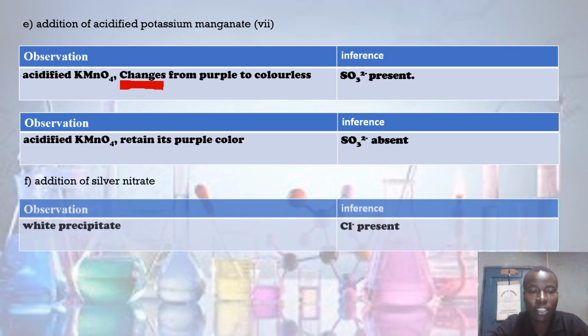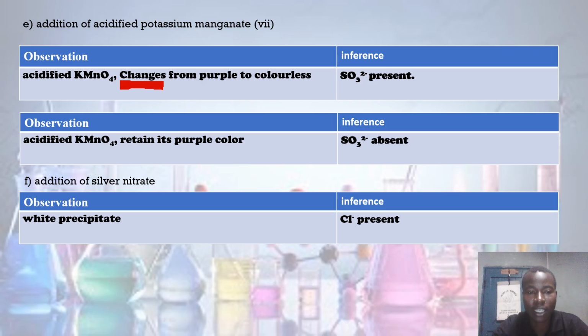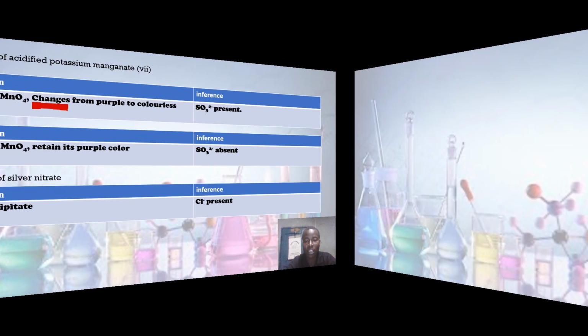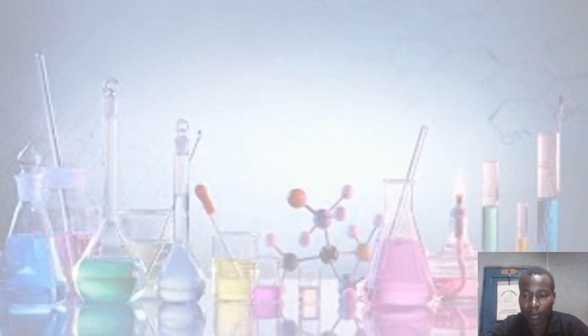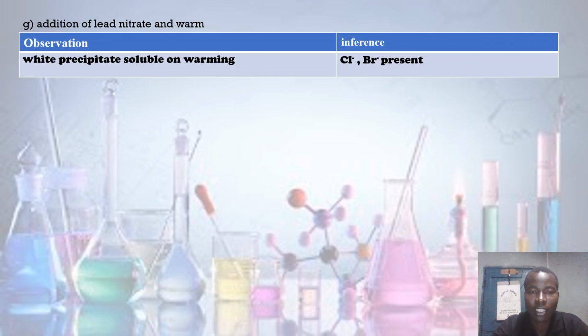Next, you have addition of silver nitrate. When you add silver nitrate, you may have a white precipitate, and if you have a white precipitate, the only insoluble salt of silver that you know of is silver chloride, which implies that the chloride ion is present. Next, you have addition of lead nitrate and warming.